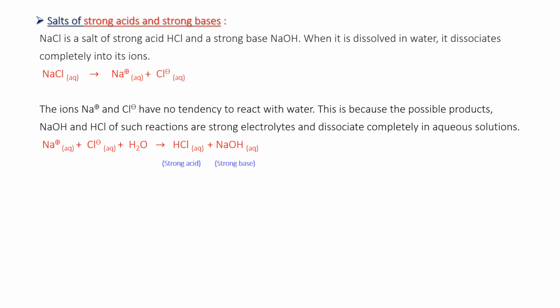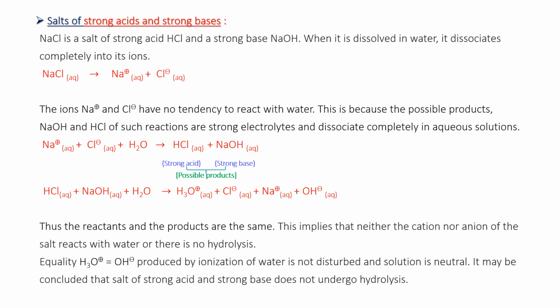So if Na plus and Cl minus react with the ions of water, you get HCl and NaOH, but that HCl and NaOH once again dissociate into Na plus and Cl minus. Since they are strong electrolytes, they completely dissociate in aqueous solution. So the reactant and product are the same.